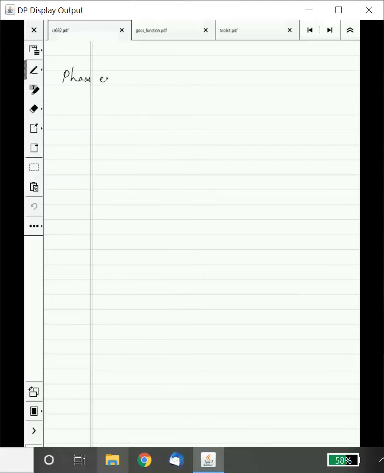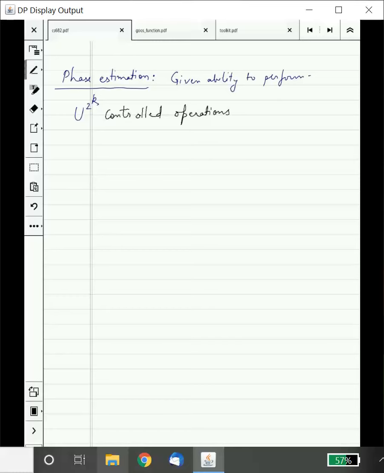You can kind of guess we want to estimate theta, but under some conditions. So let me say it slightly more formally. If we know how to perform unitary, or let's say slightly more generally, if I can perform U to the power k controlled operations, this is one condition, and we have access to an eigenvector.